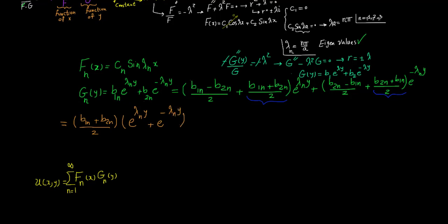And similarly for these two terms, they are exactly the same, except one is the negative of the other. So if I factor from b1n minus b2n over 2, the exponential of lambda n y is positive, but the second term becomes negative because these terms are negative of each other.